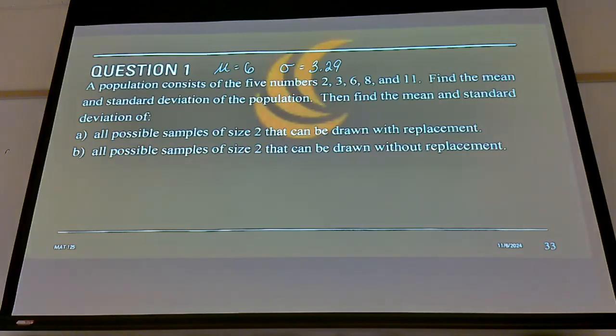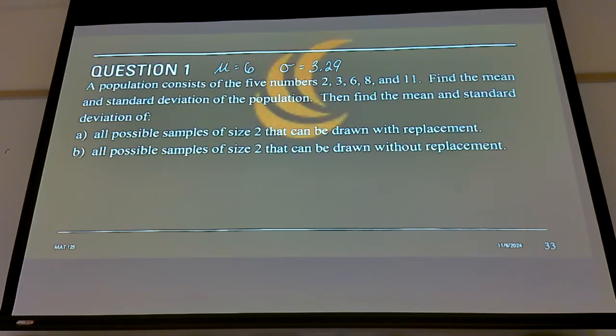All possible samples of size 2 that can be drawn with replacement. And we're looking for the means, obviously. Sample means.